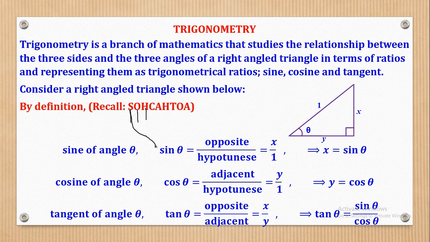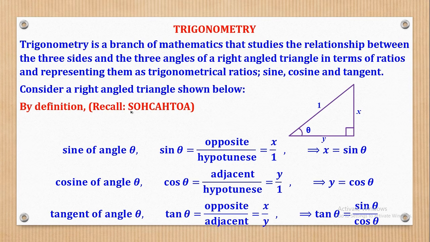So sine theta is equal to opposite over hypotenuse. Since the angle is here, the opposite is here, which is x, and the hypotenuse is here, which is unit 1. Therefore, when I cross multiply, I realize that sine theta is equal to x, as you can see here.